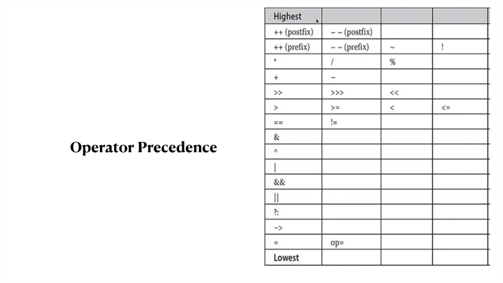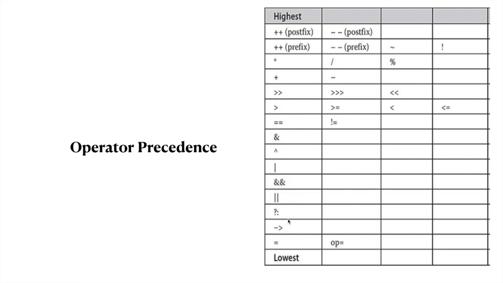So we have got the highest precedence for increment and decrement operators, the pre more than the post, and it's followed by the multiplication, division, and modulo signs, and then addition, subtraction, and right shift, left shift, greater relational operators, equality operators, exclusive or and or, and then the short circuit and, short circuit or.